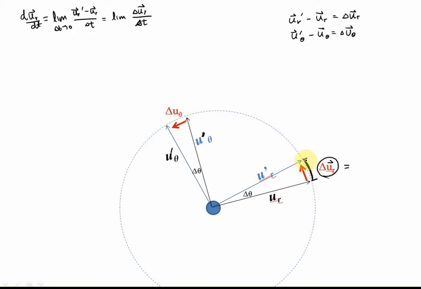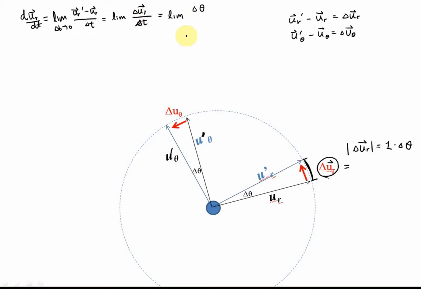So what is the length of the arc, which is close to delta u r? The magnitude should be the radius, which is 1, times delta theta. So delta u r magnitude is the same as delta theta.